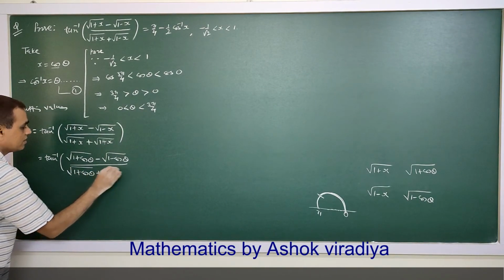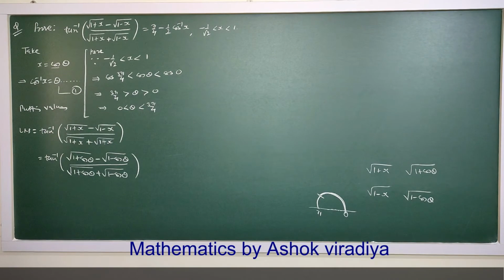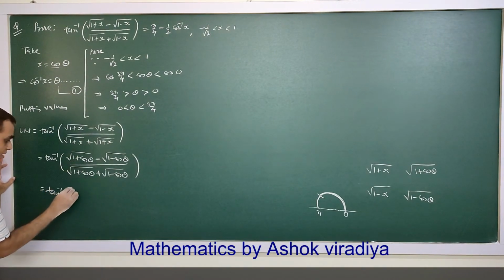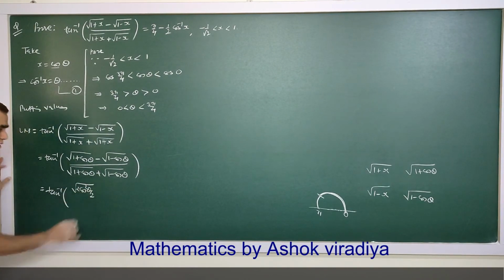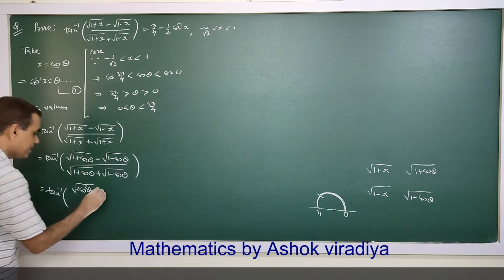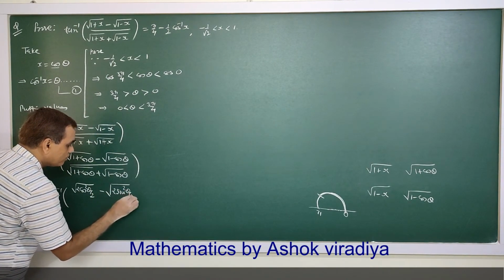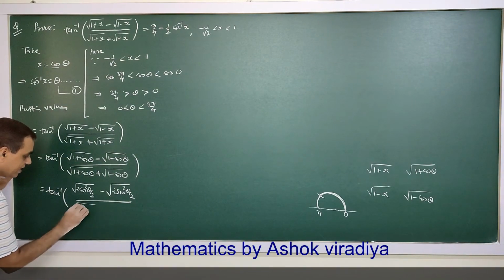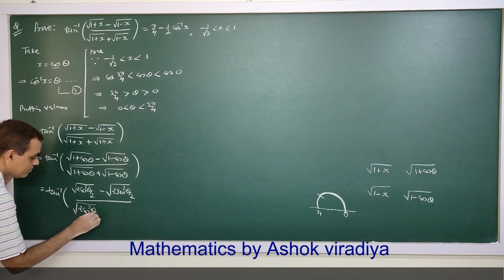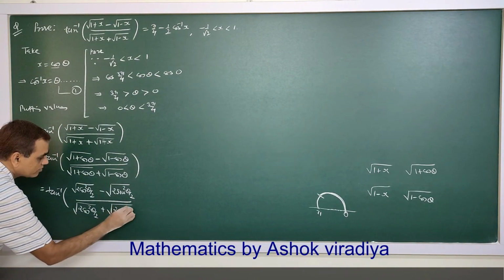So the next step is: 1 plus cos theta is 2 cos square theta by 2, 1 minus cos theta is 2 sin square theta by 2. Again 2 cos square theta by 2, and 2 sin square theta by 2.